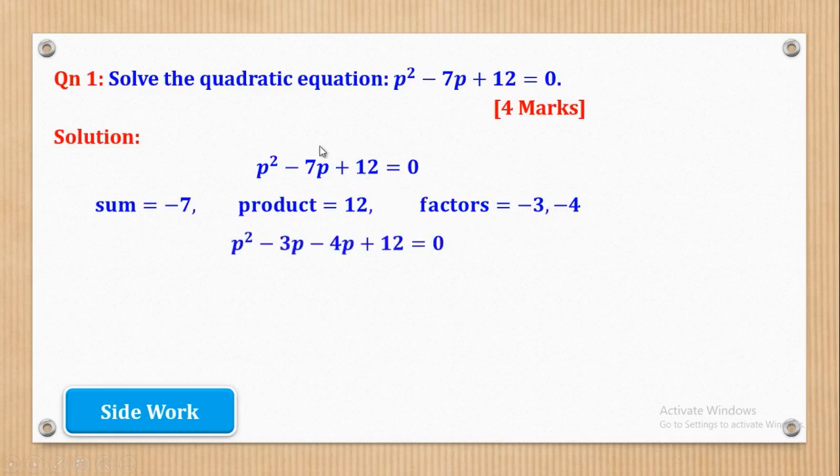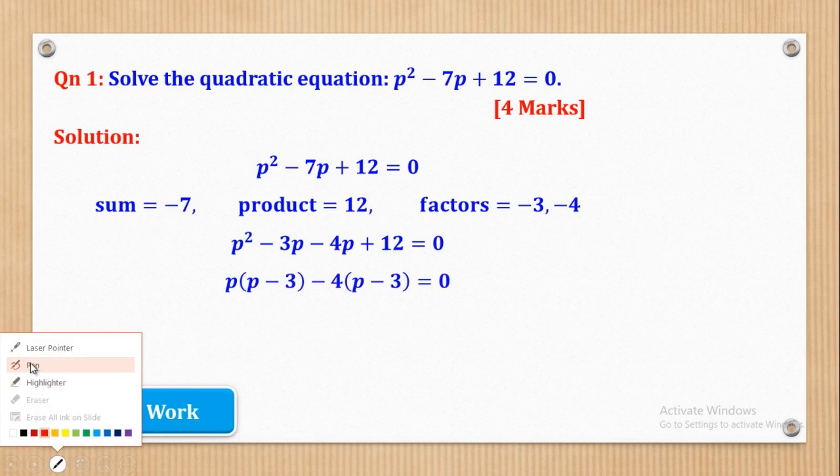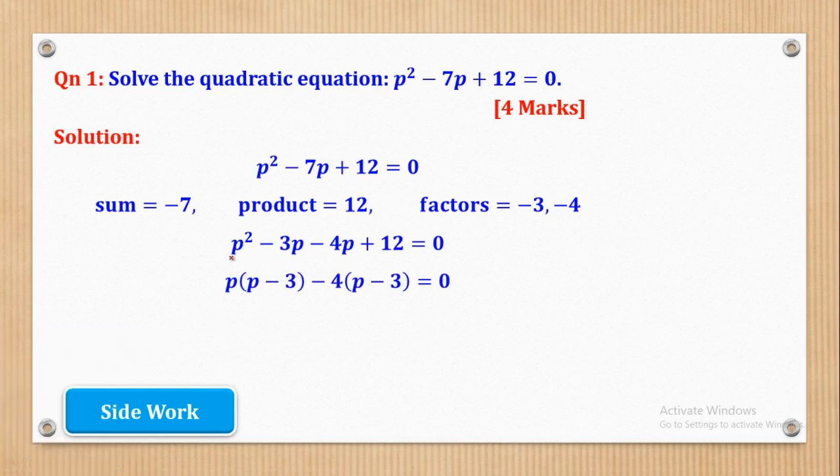Now from that step, we replace -7p with -3p plus -4p, which is this -3p, -4p. So while there was -7p, we put there -3p minus 4p. Then I'll continue with the plus 12 equal to 0. Now from there we have to pair. So I'll pair these two.